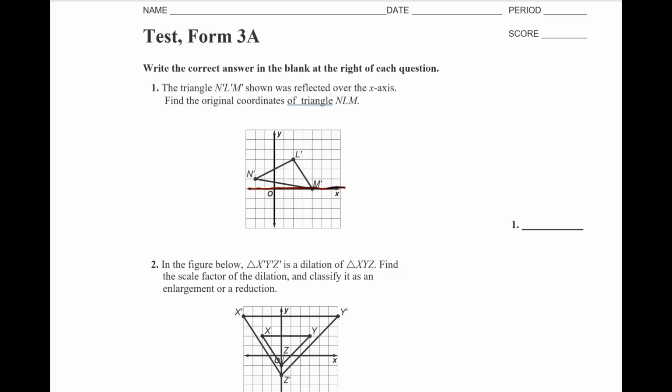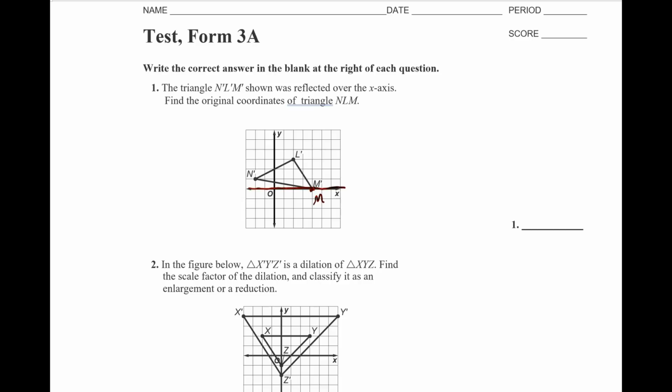So, I mean, if you're reflecting over the x-axis and you're on the x-axis, then technically M has to be still on the x-axis. Okay, so remember, when you reflect over an axis, you're that many spaces away from the line of reflection. Well, M prime is no spaces away, so M had to be right there on the line.